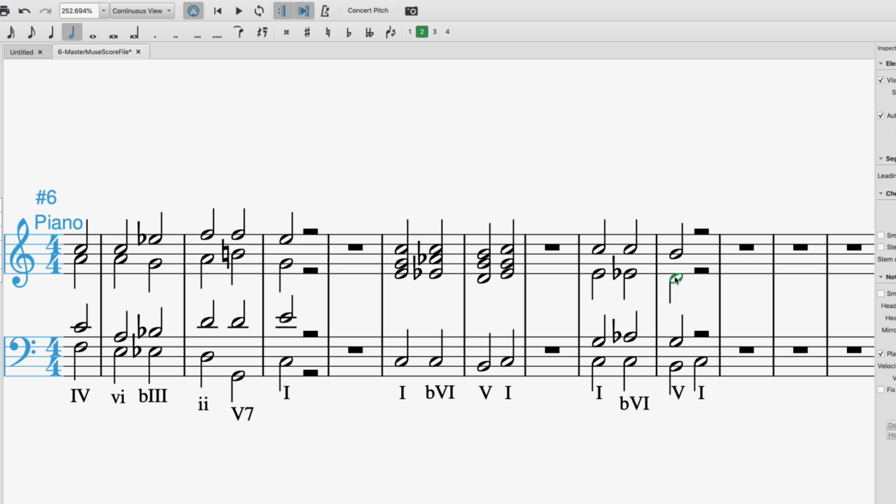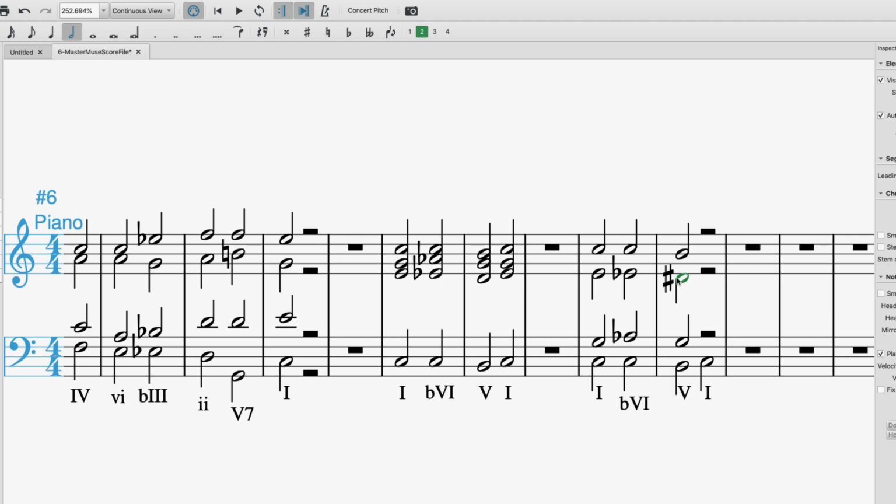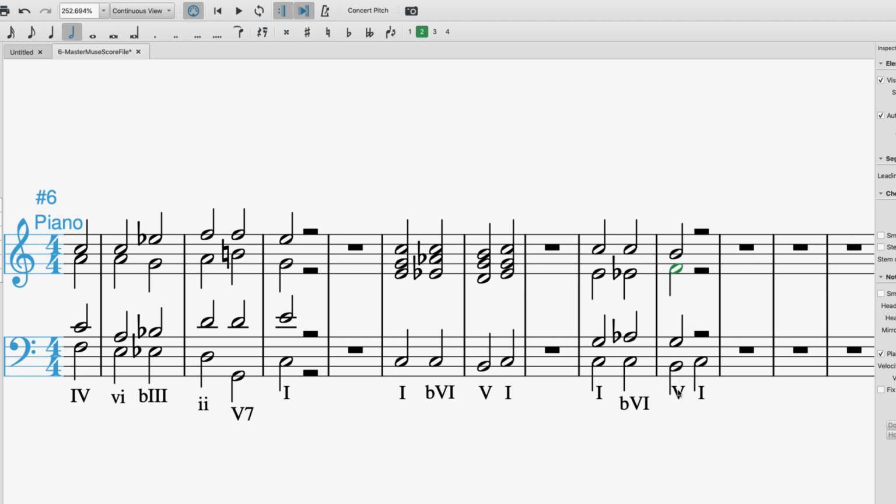So we don't want that either. So we're closer. We could have this go up to an F, make this a 7 chord, and now I think we've solved it. Let's do that. That works. So we add that 7th, it gets us out of there.